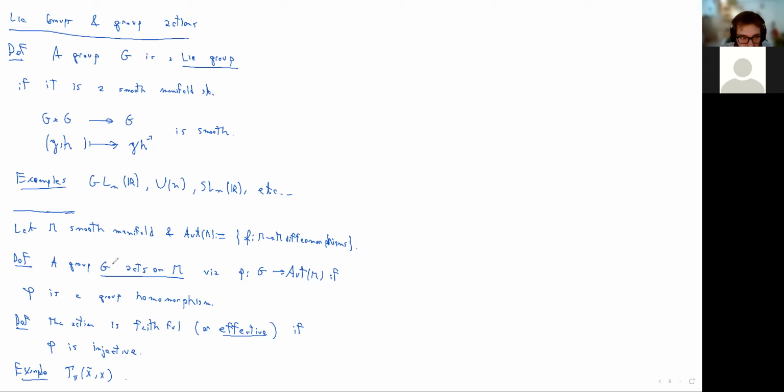So here I'm not saying that G is a Lie group, it's just a group. And this is a group and it acts on our manifold, acts on X tilde, of course. Okay. So what is the orbit of a point? So we start with an action, given an action.